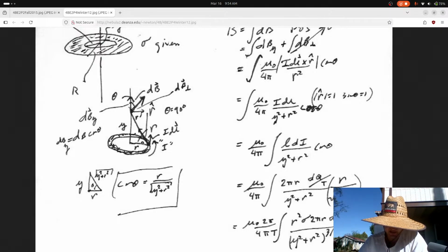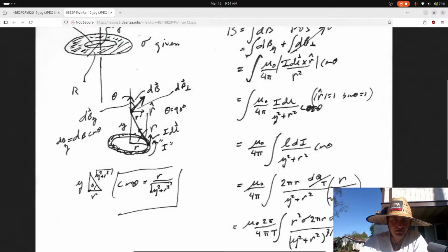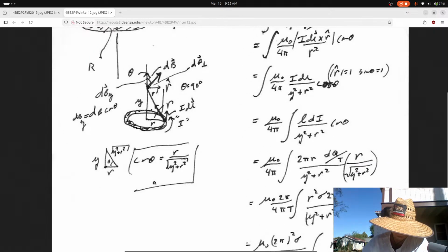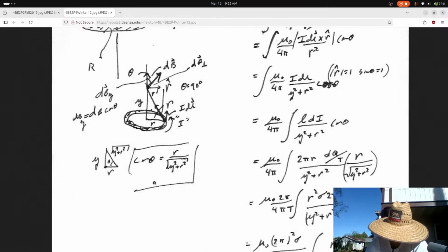So now we just need to add up the x component. So this is a little r. That's confusing.